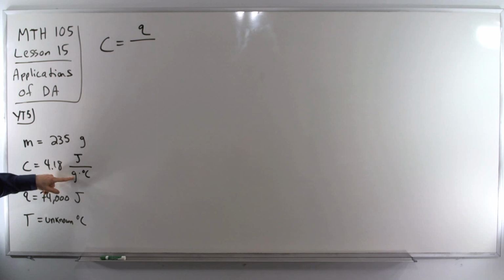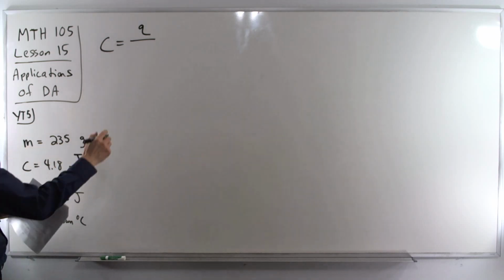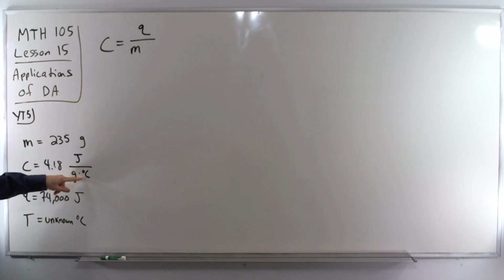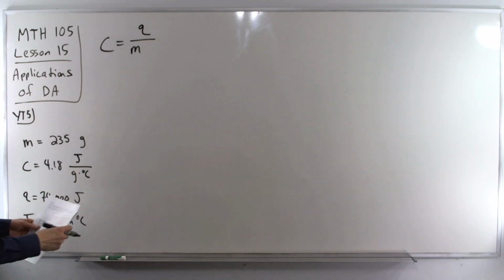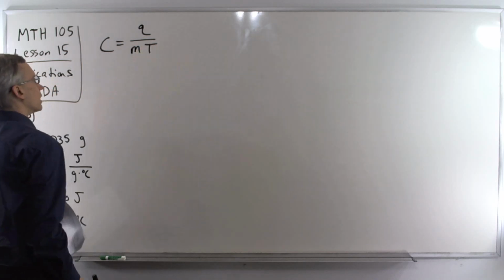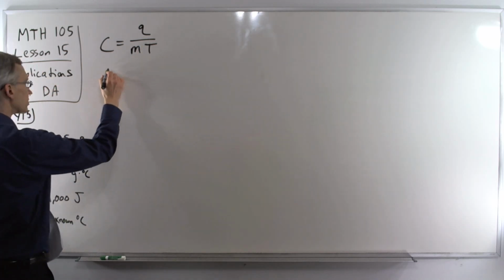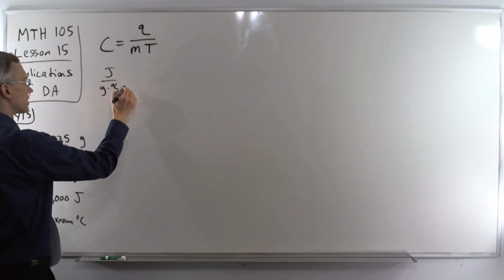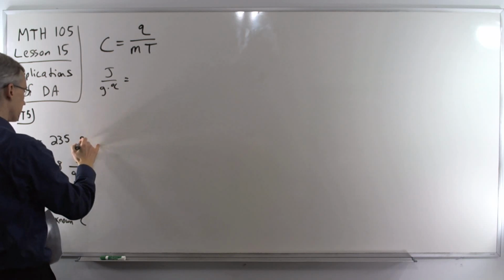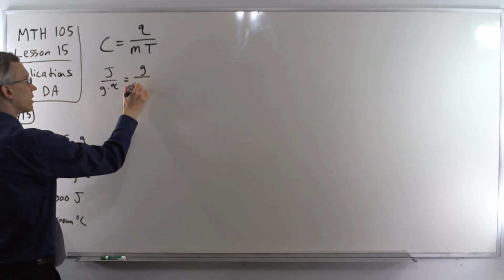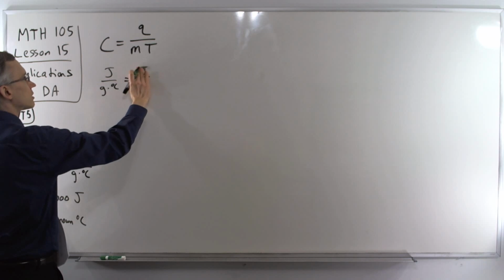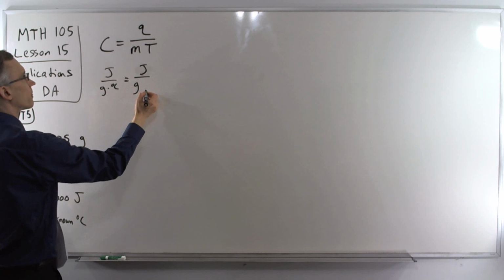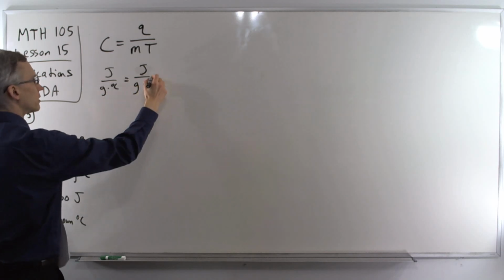And I've got grams on the bottom, and grams is the mass. So M is going to go on the bottom. And we've got degrees Celsius on the bottom, and that is T. And now we know our units match, because C is joules per gram degrees Celsius. And on the right, Q is J, M is G, and T is degrees Celsius. So they match.